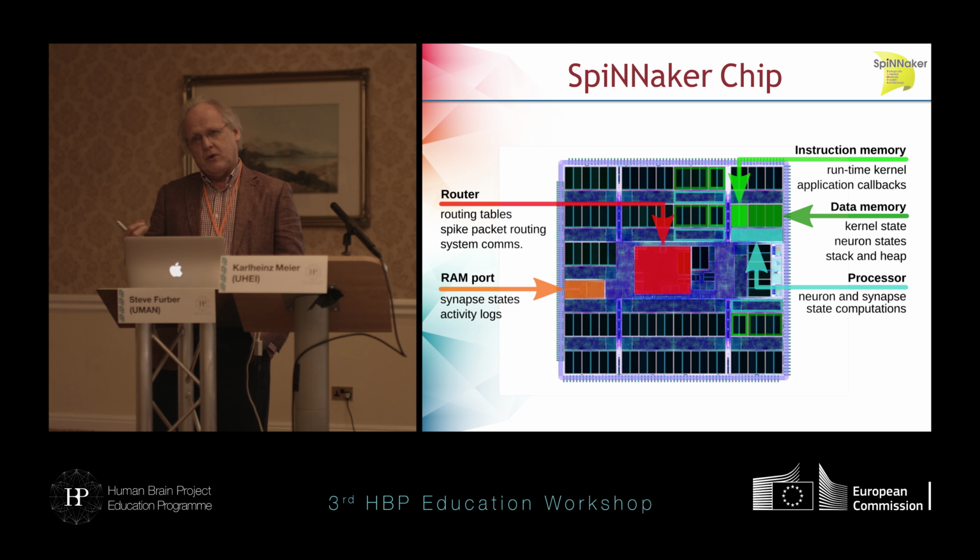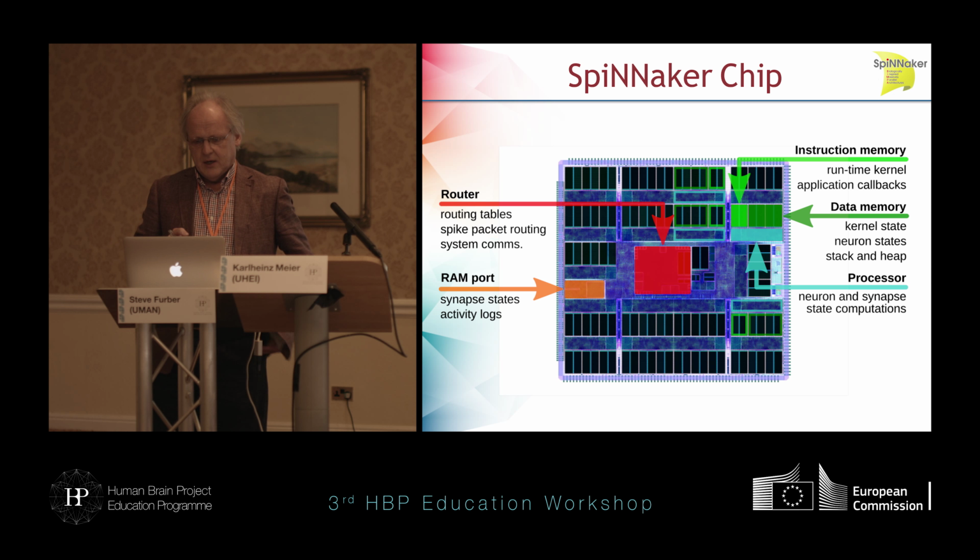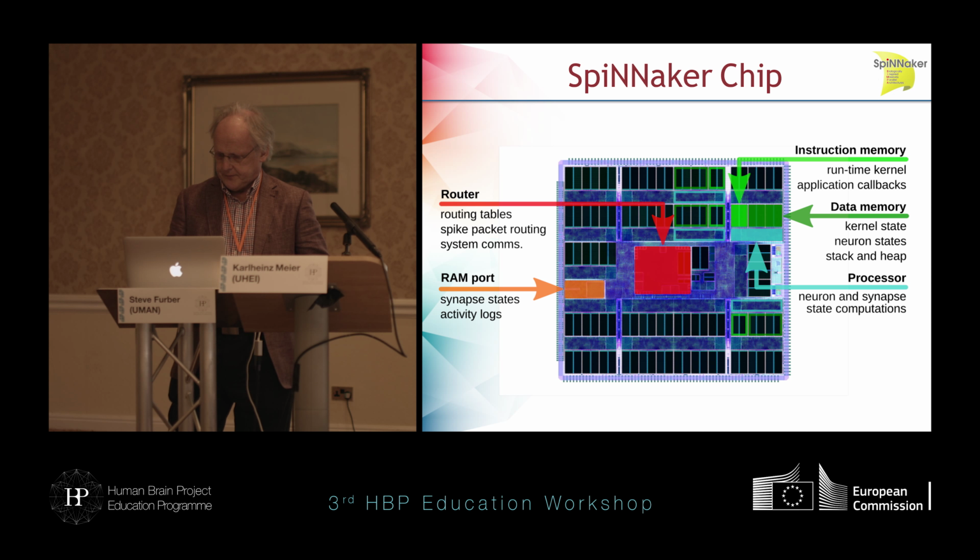Because neurons are highly connected, each neuron connects to 10,000 others on average, we use a source address-based multicast routing system. When a packet's transmitted, it's like AER, address event representation. All the packet says is where it came from, and the router has tables that determine where it goes to, and that may be many places across the system.